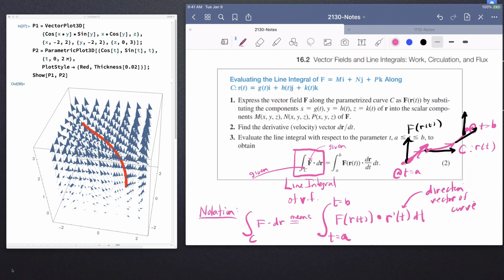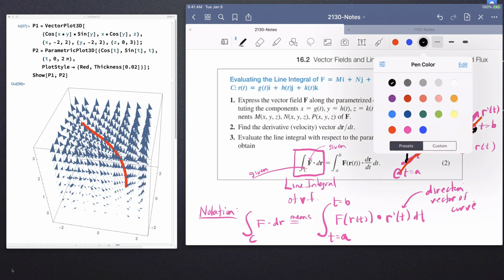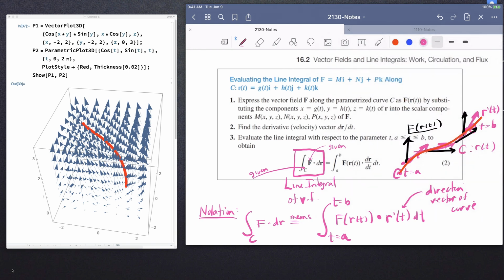It is the vector that is pointing tangent to the curve, so it's pointing in the direction that the curve is going. Okay, so we have these two vector fields: the vector field given by f, and also the direction vector field of the curve.